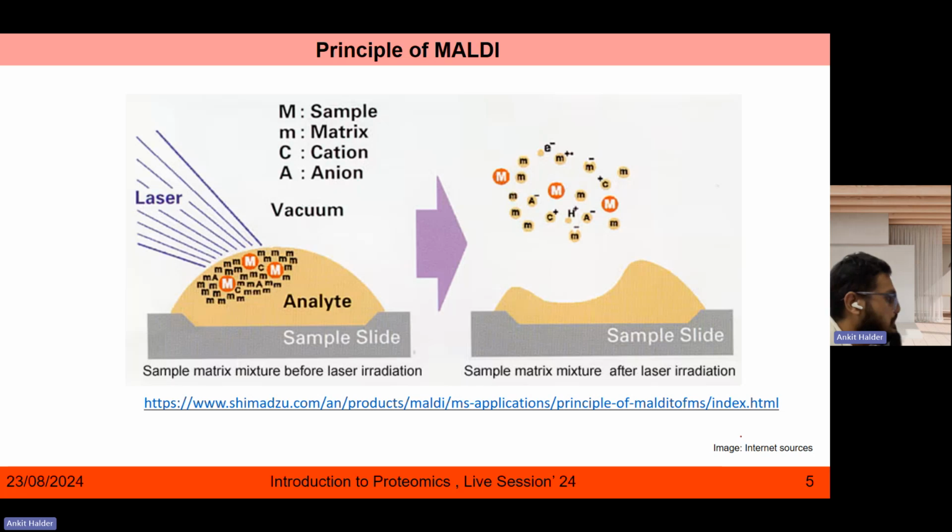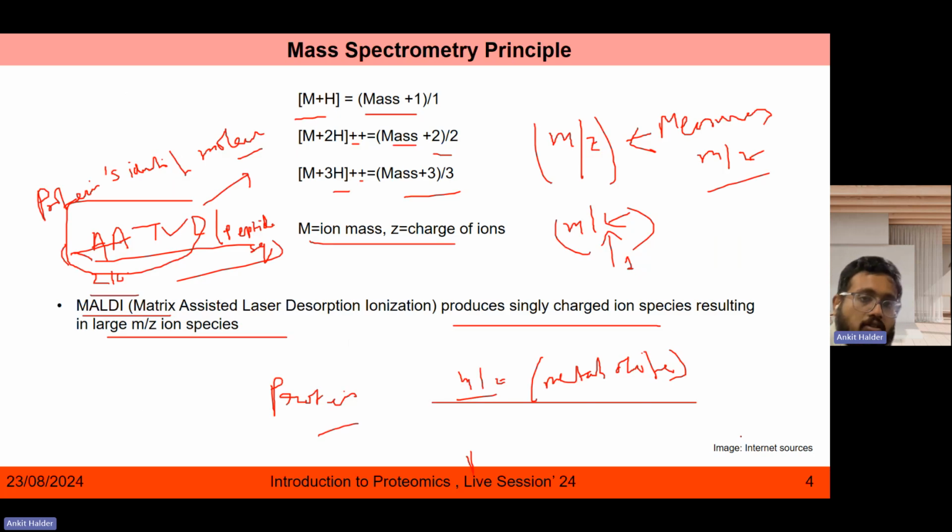Now if we talk about MALDI, what is this MALDI? The full form is matrix assisted laser desorption ionization.